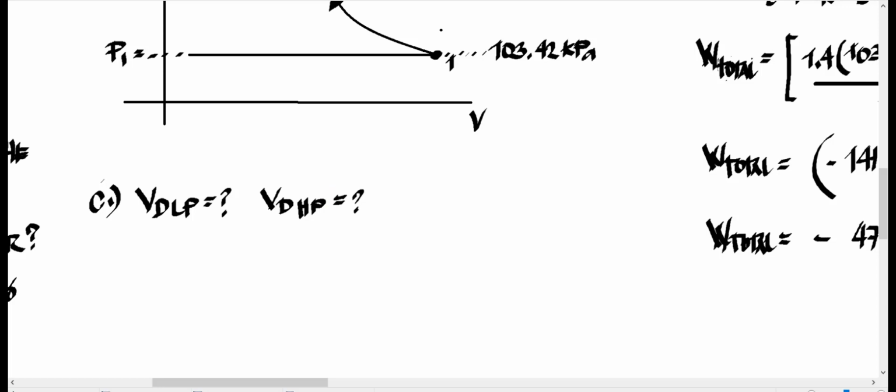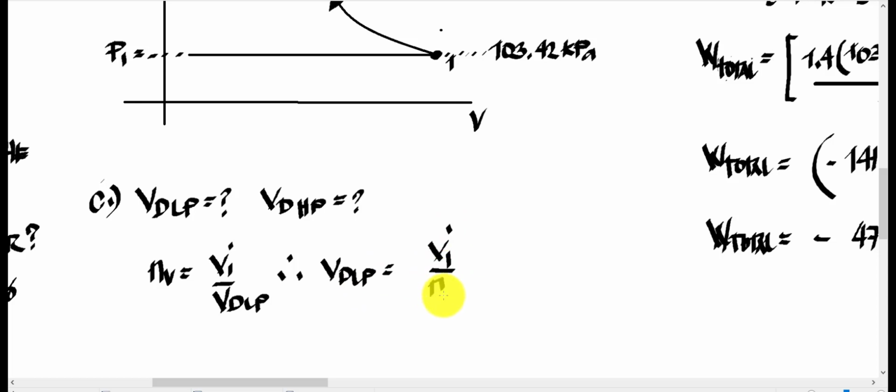So remembering that our volumetric efficiency is equal to V1 prime divided by the volume displaced. So this will be the volume displaced at the low pressure. We can rewrite our volume displaced at the low pressure as equal to the volume 1 prime divided by the volumetric efficiency.